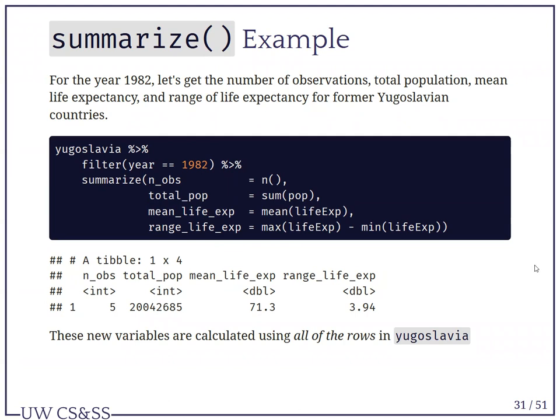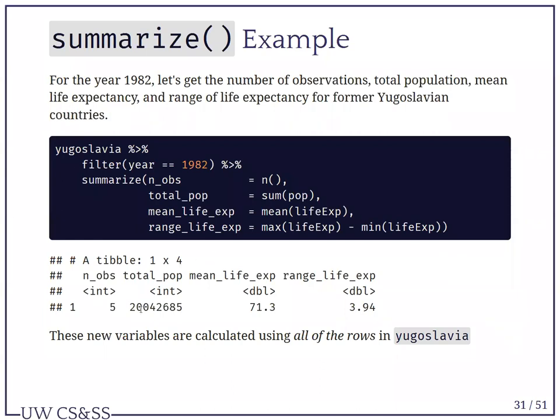And it will return to us a data frame with each of these 4 columns that have been created by these functions. So it's like a mutate call, but instead of creating a new column, it is aggregating new columns.